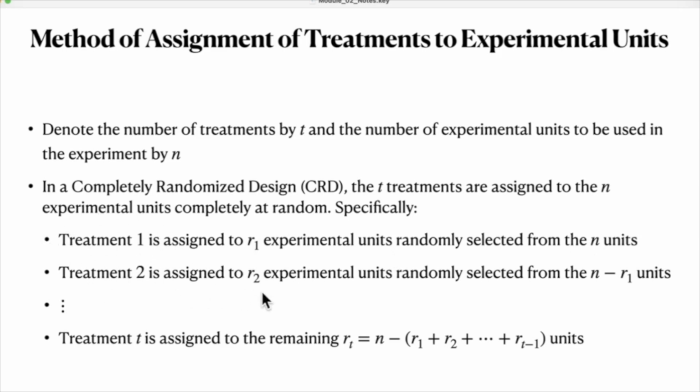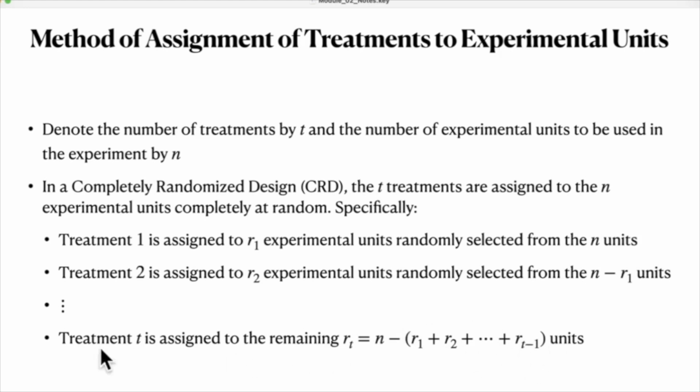Treatment 2 is assigned to R2 units that are randomly selected from the remaining N minus R1 units, and so on, until we get down to the last treatment. And by the time we get to the last treatment, the remaining units, which is denoted by R sub T, so the number of experimental units to which treatment T is assigned, which is obviously N minus the sum of the previous numbers of replications or numbers assigned.